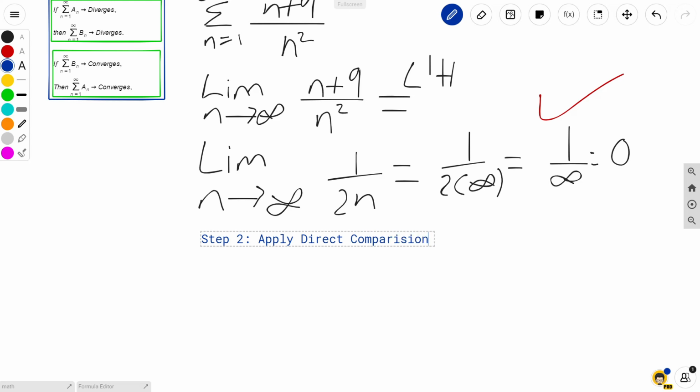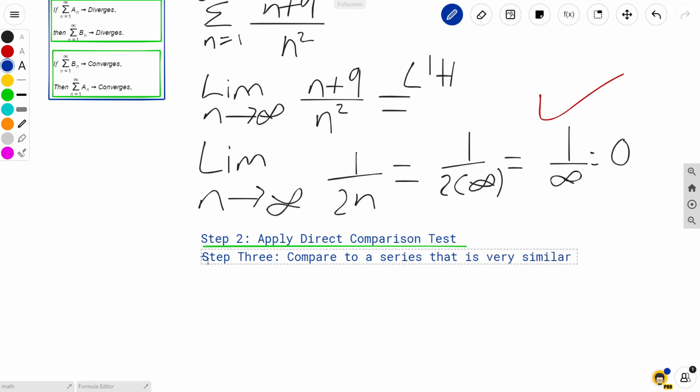And whenever we do that, all we're going to do is compare it to a series that's very similar. I guess I'll call it step 3. So for step 3, we're going to compare it to a series that is very similar.